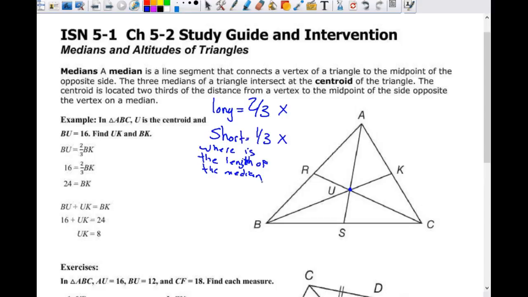Where x is the length of the median. So x is the entire length. Okay?